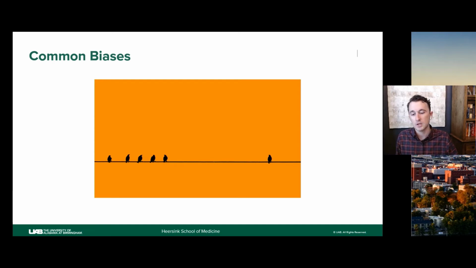Okay, so this just goes to show that faulty data collection is not always due to poor execution of clinical skills, meaning you may ask the right questions at the right time, but you're asking them in too narrow of a fashion without seeing the whole picture because you've been biased in multiple ways.